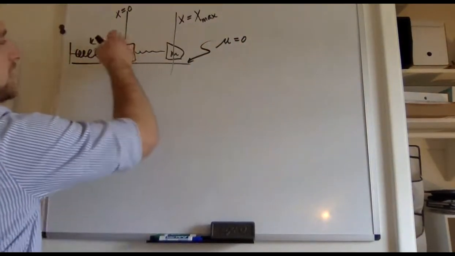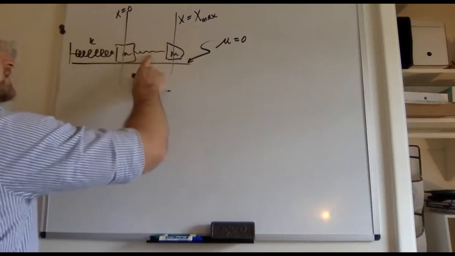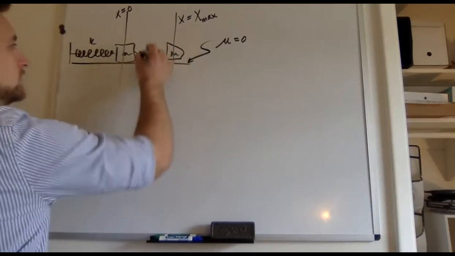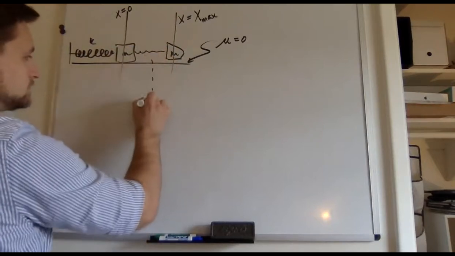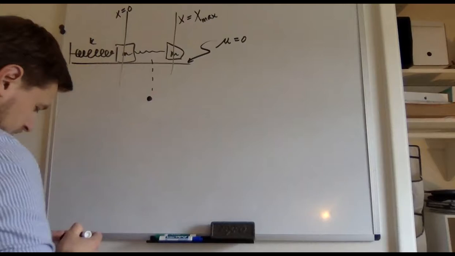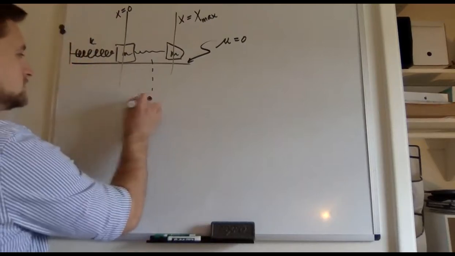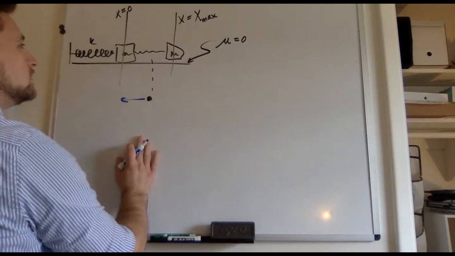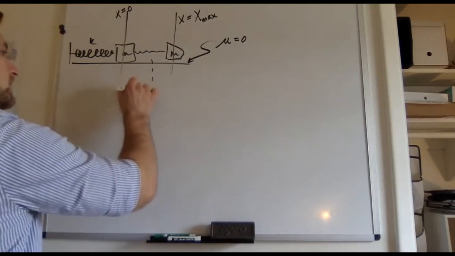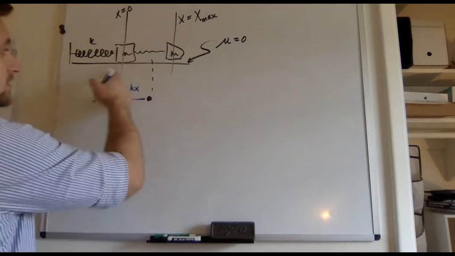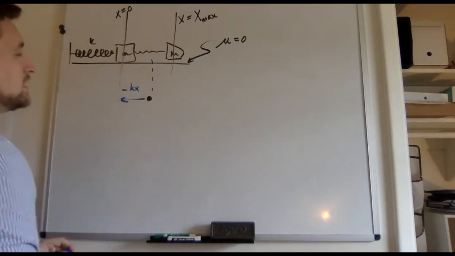Okay, so we've got our mass, we stretch it, we let go. At some point here, right after we let go, we've got a few different forces acting. We've got the spring pulling us back the other way: negative kx, according to our x coordinate, that's the elastic force pulling us back.